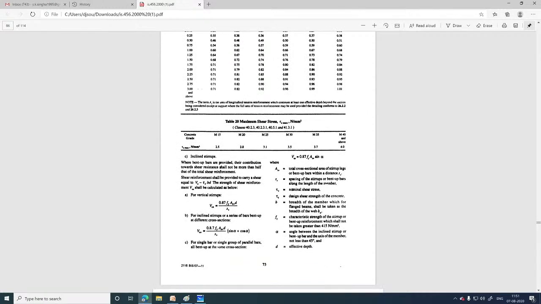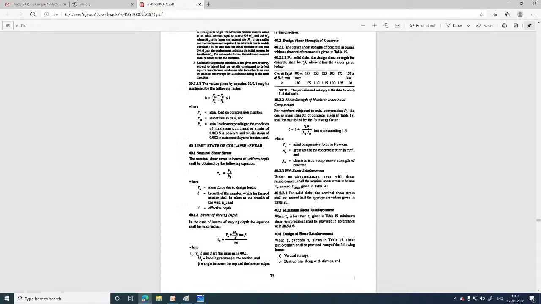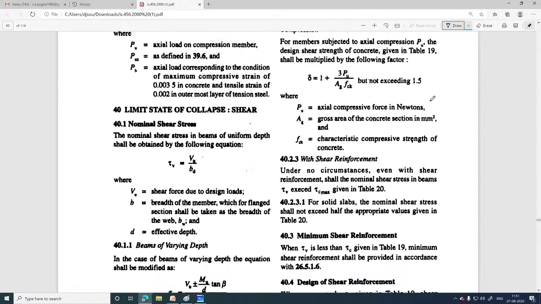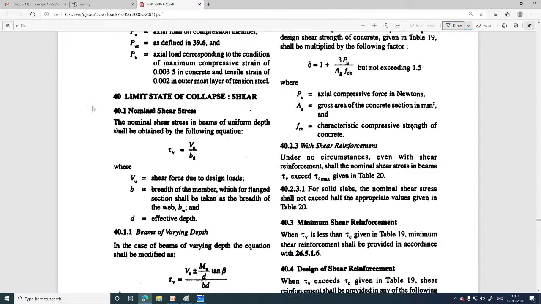As per clause number 40.1, the nominal shear stress tau V is equal to VU by BD. From here I can determine the value of tau V.